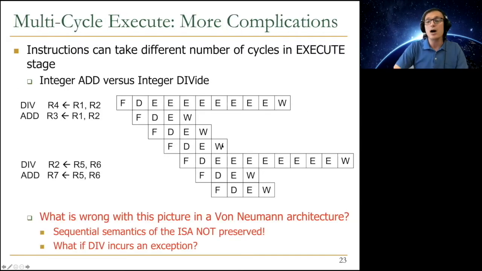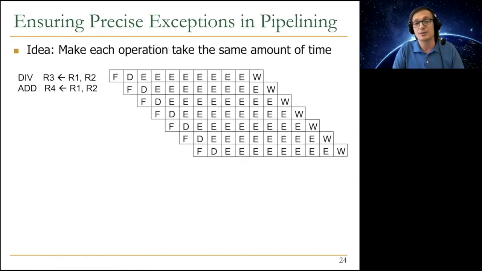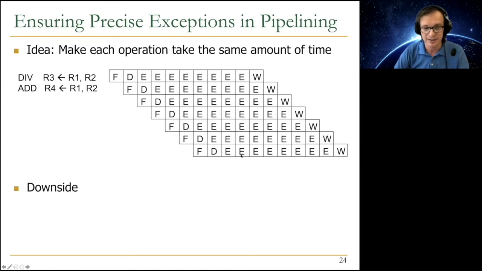So let's take a look at how we can potentially handle it, right? Well, one way of potentially handling it is to make each operation take the same amount of time. I've already dismissed it earlier, but let's take a look at it again. If your longest operation is 8 cycles, then you make sure that all operations take 8 cycles, okay?